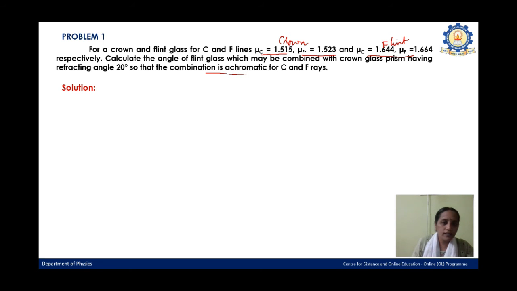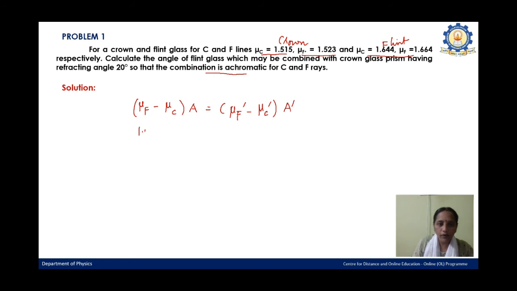So the condition is (mu F minus mu C) into angle of the prism is equal to (mu F prime minus mu C prime) into A prime. So the primed quantities represent the flint glass prism. Now let us substitute the respective refractive indices.